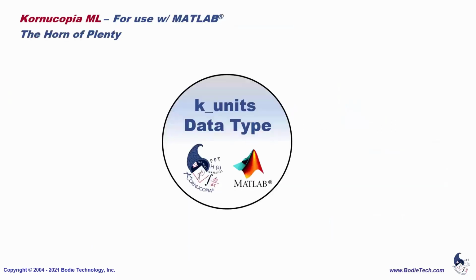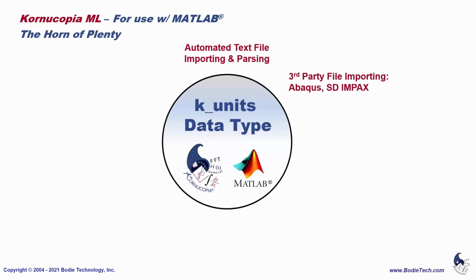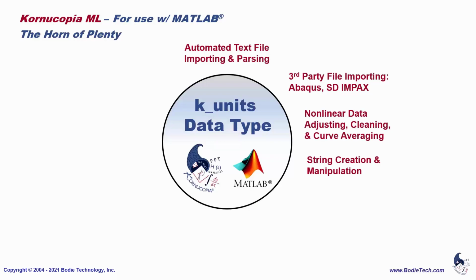Kornucopia ML, for use with MATLAB, is truly the horn of plenty. Its foundation is the K_units data type, and it has many tools built upon this foundation, beginning with automated text file importing and parsing, as well as third-party file importing for Abaqus and Spectral Dynamics impact software.